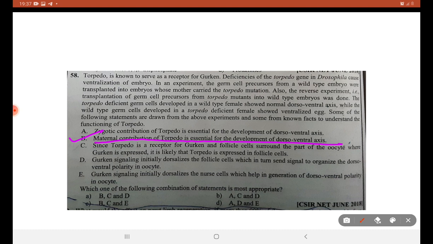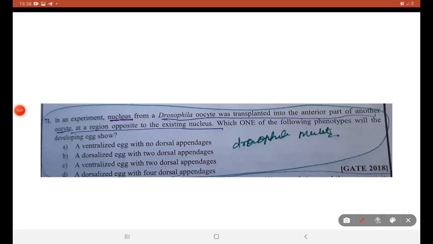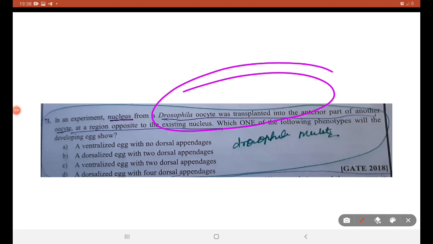And the zygotic contribution in gherkin is very, very important. In case it is not torpedo, if it is gherkin, then A becomes the right answer. It is maternal contribution of torpedo because follicular cells are present in the maternal side. Drosophila melanogaster. Next question.